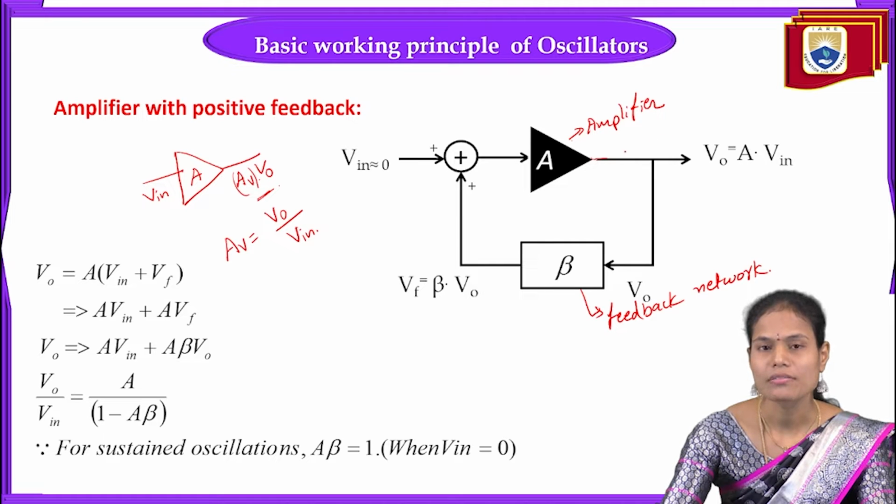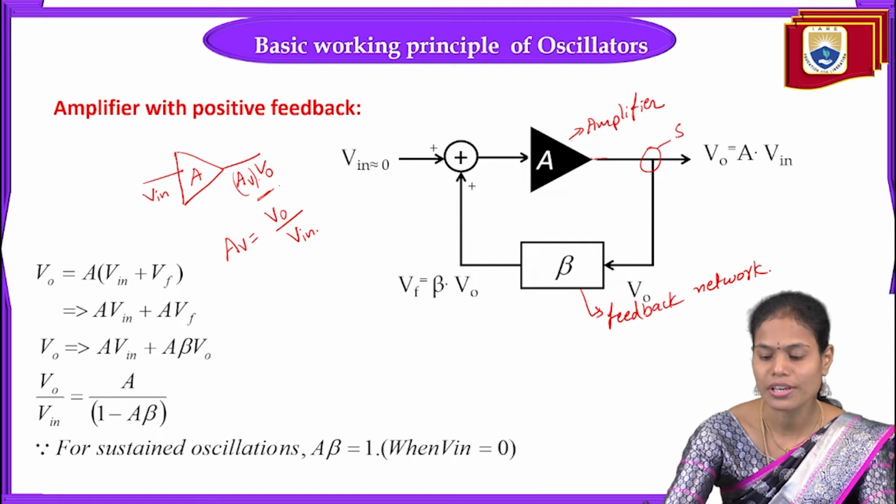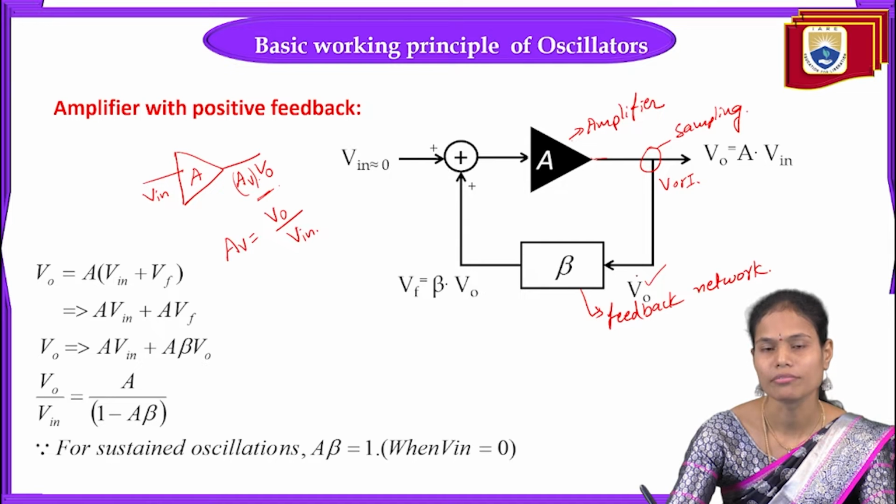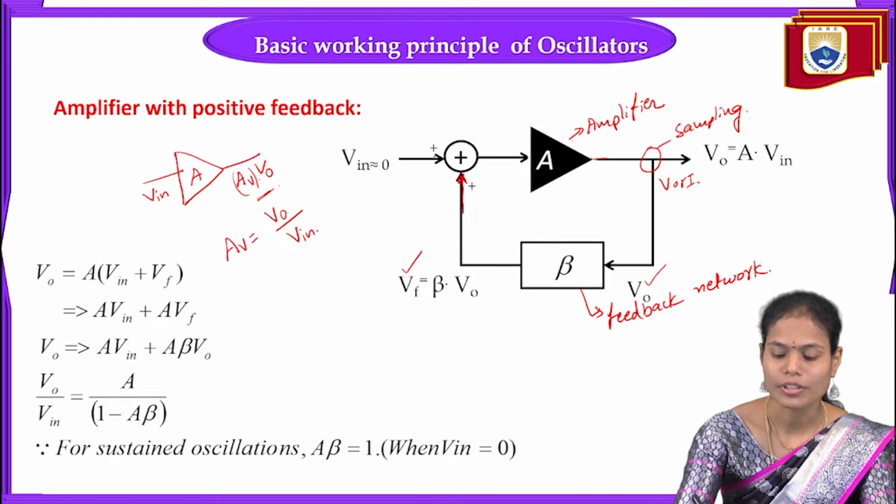To take some portion of the output, we use the sampling process, and that signal may be either voltage or current. So V0 is the input for this feedback network and the output of the feedback network is Vf, the feedback signal.